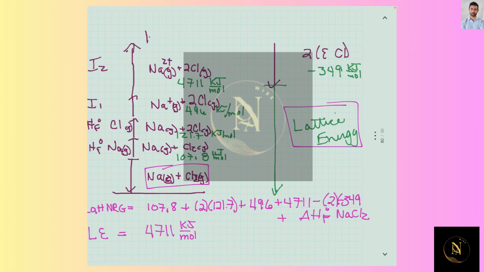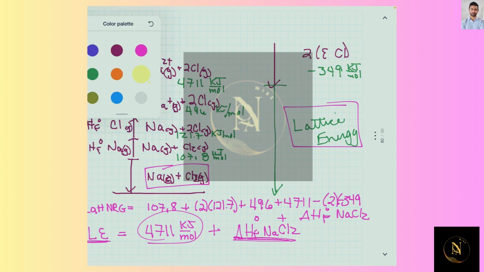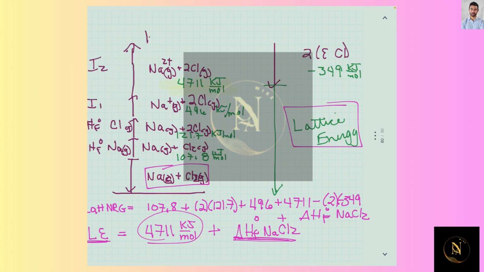When I get done here, I get my lattice energy is equal to 4,711 kilojoules per mole, which means my lattice energy minus this number equals 4711. So we can see, because of the numbers that I'm about to highlight here, this number is way bigger than anything else. Did I write that down wrong?